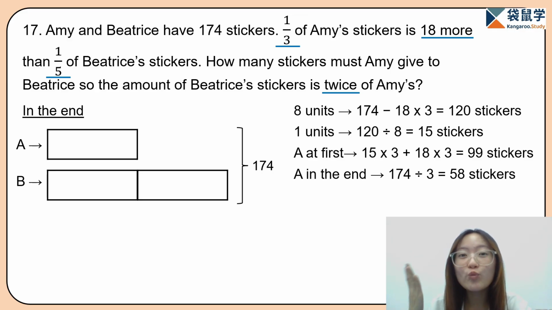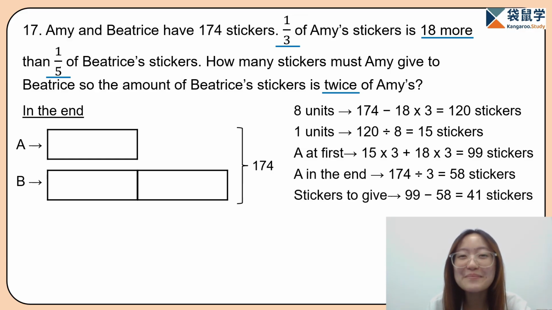So now we know how many Amy had at first and how many Amy had in the end. So how can we find how many stickers she gives to Beatrice? We can just take 99 minus 58 and that will give us our answer of 41 stickers. Great, so we have solved this question.